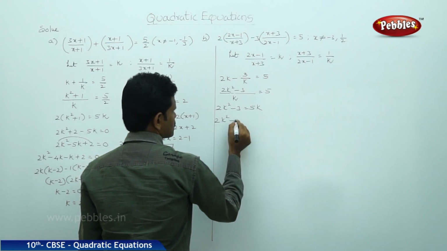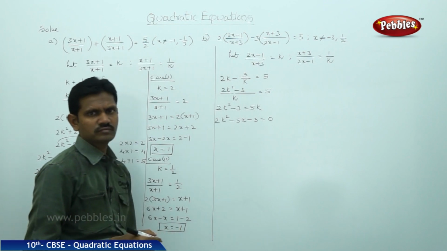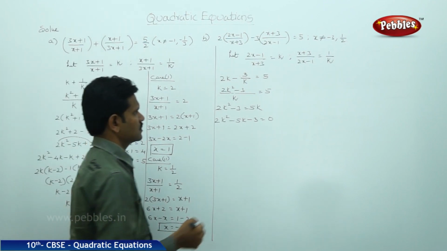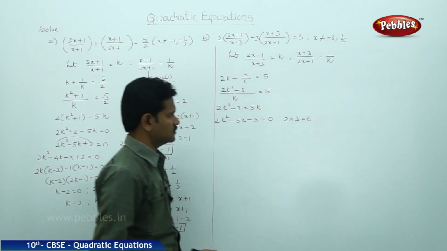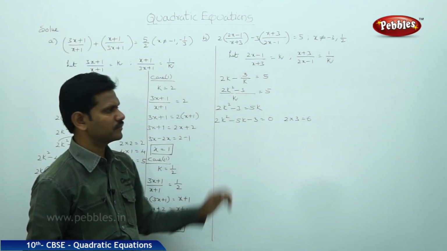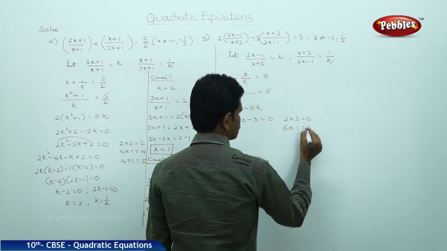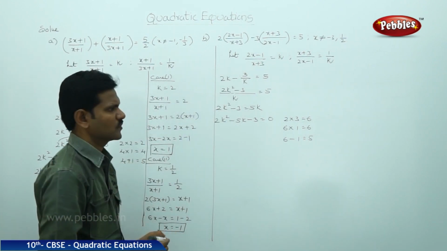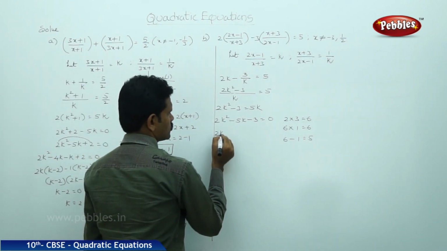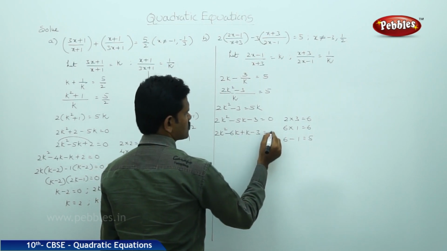2k square minus 5k minus 3 is equal to 0. That is, write the factors. 2 3s are 6. Subtraction must get the number 5. That is, 6 1s are 6. 6 minus 1 is equal to 5. That is, 2k square minus 6k plus k minus 3 is equal to 0.